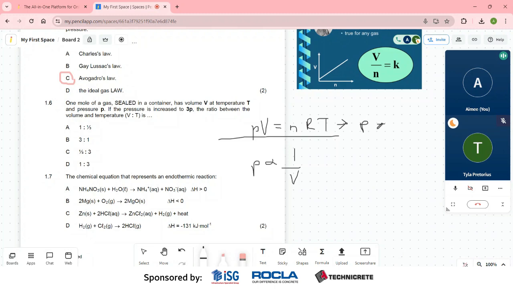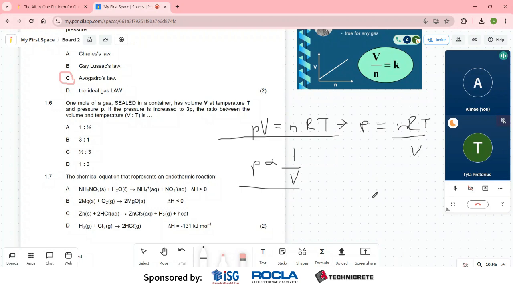It will be P is equal to nRT over V. Okay, and remember, if they are on opposite sides of the equal sign in an equation, and one is in the numerator position in a fraction and the other is in the denominator position in a fraction, it means that they are inversely proportional, exactly how I've written it here.